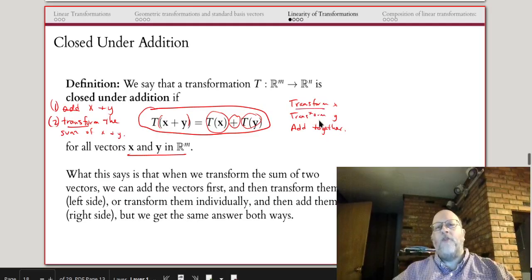On the right side, we transform first and then add. We say that transformation is closed under addition if the answer doesn't matter, if both sides are equal. So that is, we can either add the vectors first and then transform them, or transform them first and then add them. But we get the same answer both ways.